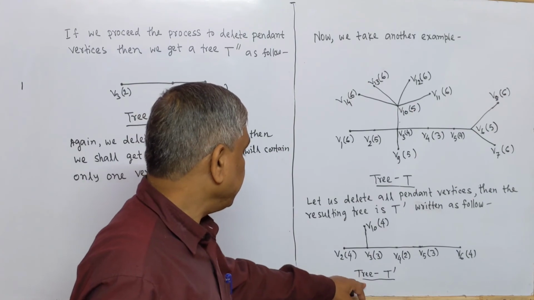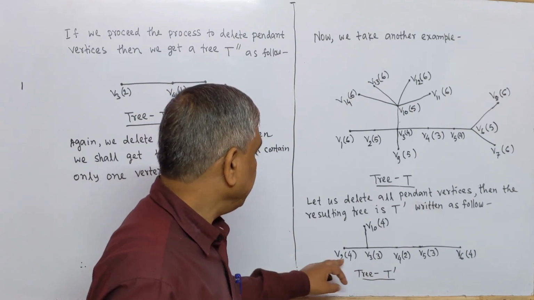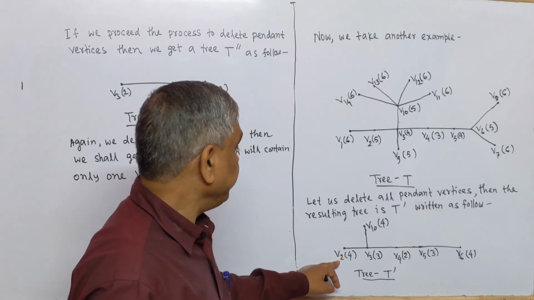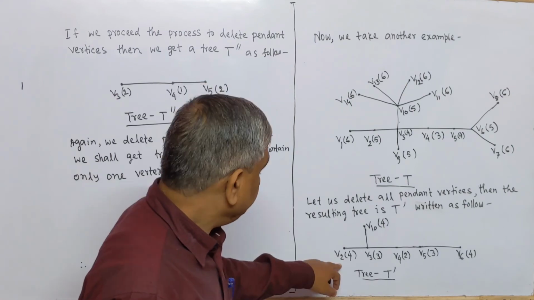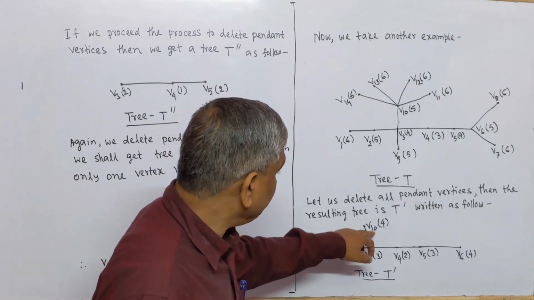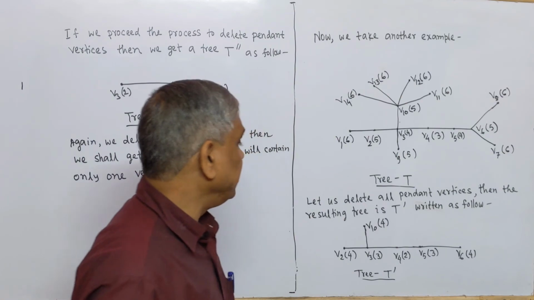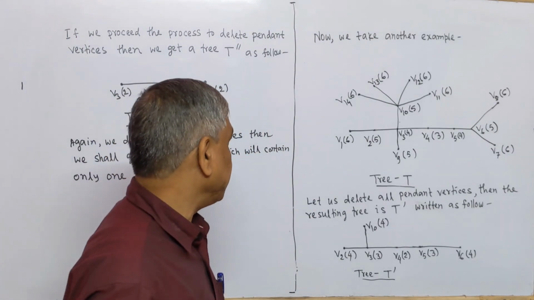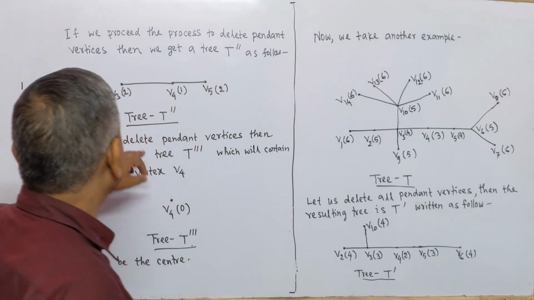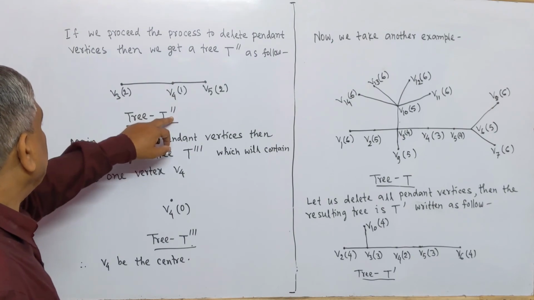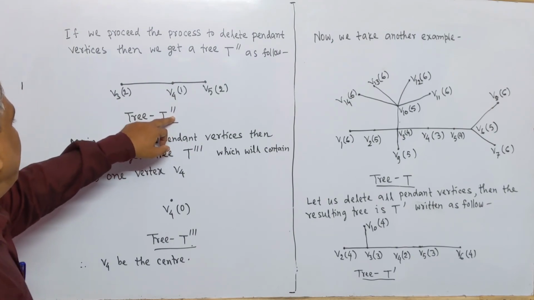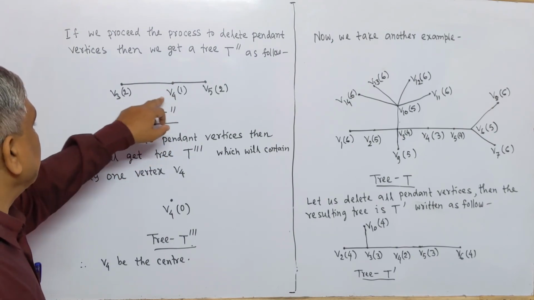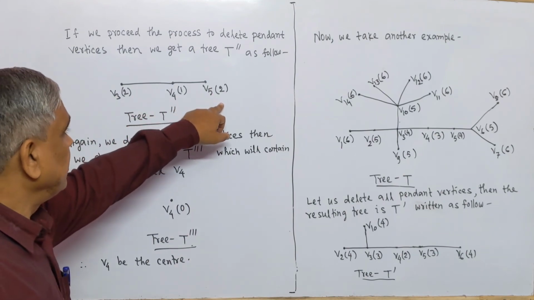Here we get the tree T prime. This T prime has pendant vertices V2, V10 and V6. We delete these pendant vertices and we get new tree T double prime. And here we get 3 vertices.